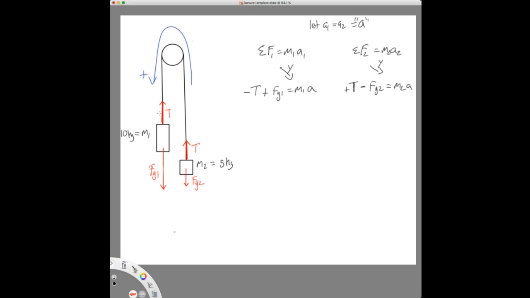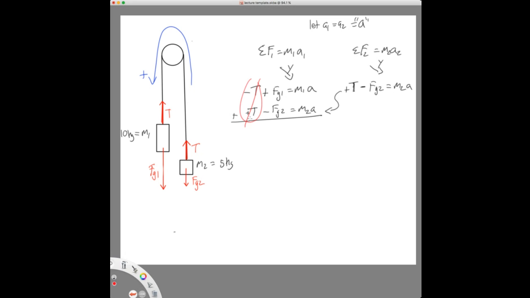Okay, so if I got my drawing right, and I use this trick, it should be the case that one equation has T and the other has minus T. So once I'm in that position, I can just line the equations up and add them. And when I add them, we will see the tensions canceling.